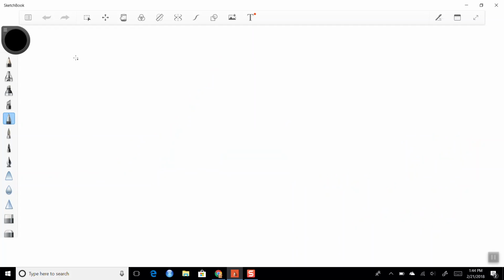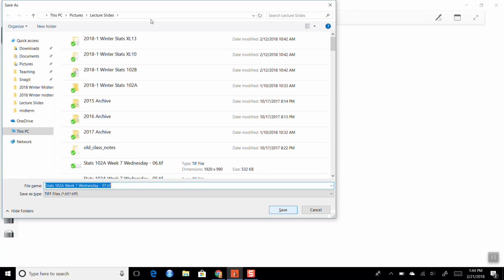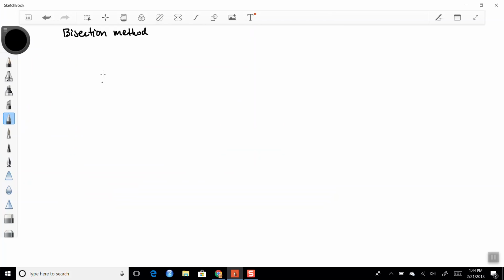This one is called the bisection method. And what's unique about this one is that this one is guaranteed to work. The other methods are not guaranteed to work.